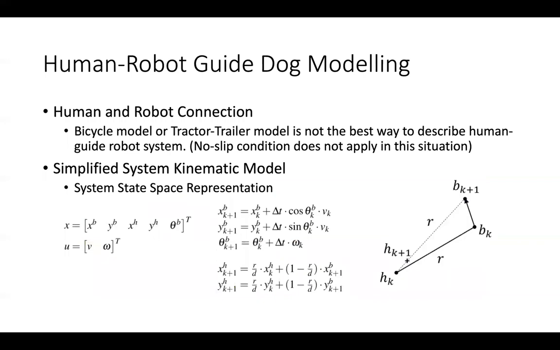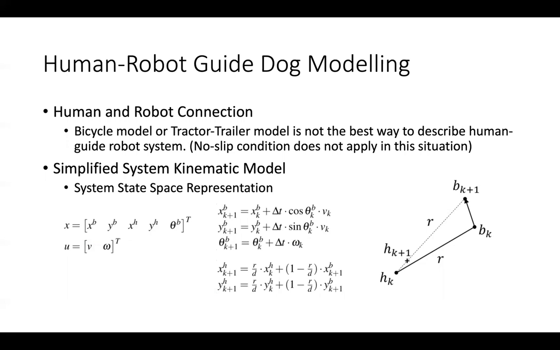So for human robot guide dog modeling, which is the key idea here, there are many similar situations such as the bicycle model. However, this kind of model is not the best way to describe a human guide robot system.